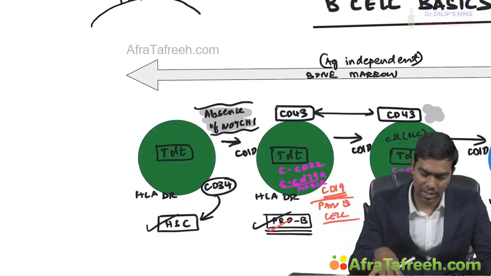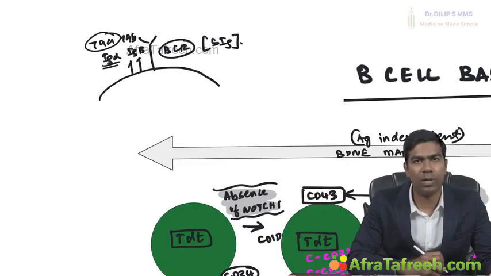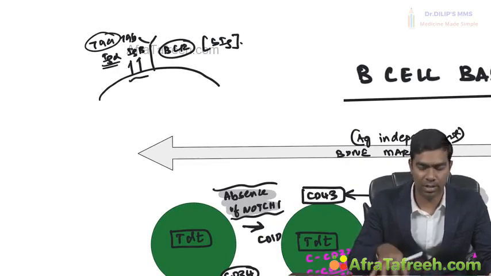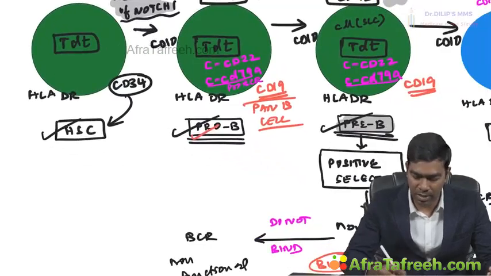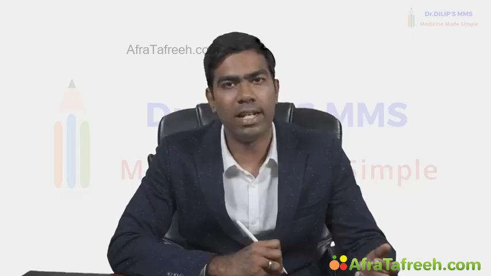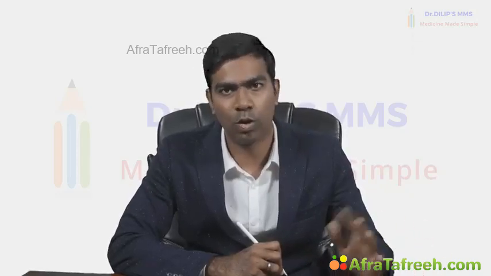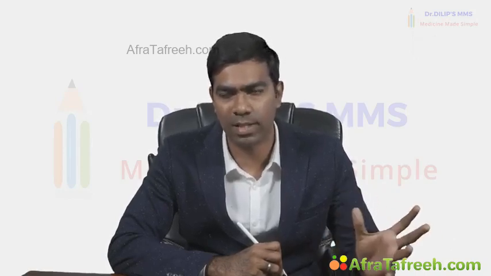So you can see initially the CD79A, it's nothing but this immunoglobulin alpha, which is a complementary B cell receptor. Which means in the pro B cell stage itself, you are actually forming the complementary, that is cytoplasmic CD79A, that is cytoplasmic immunoglobulin alpha, that complementary B cell receptor.